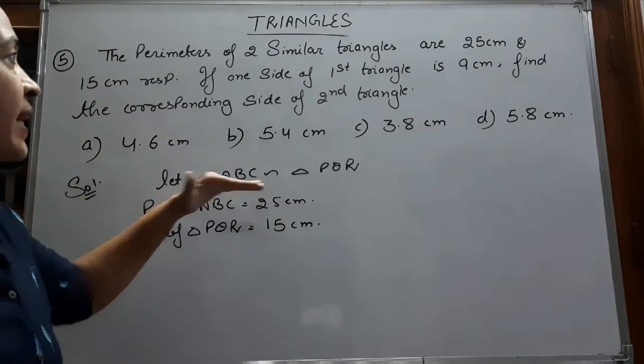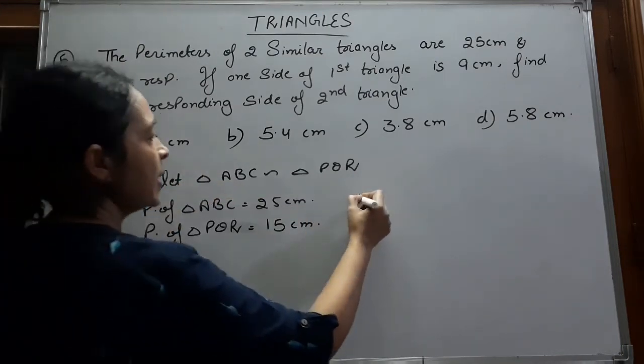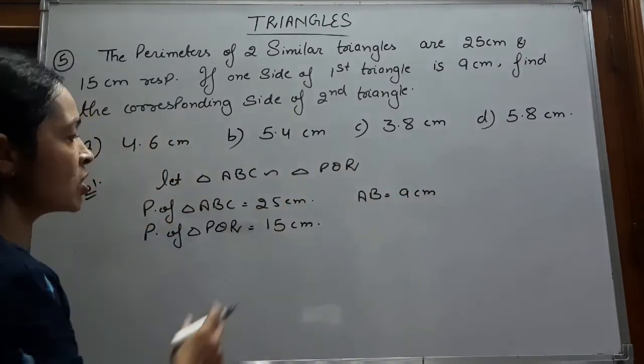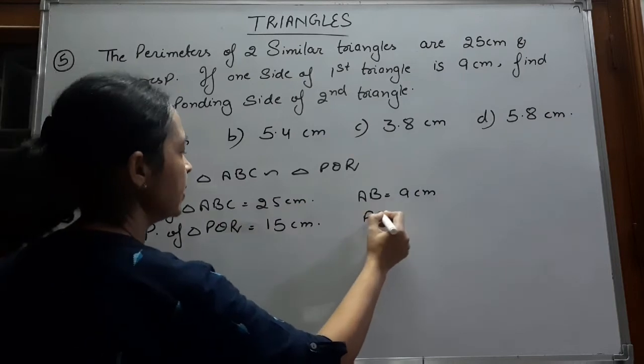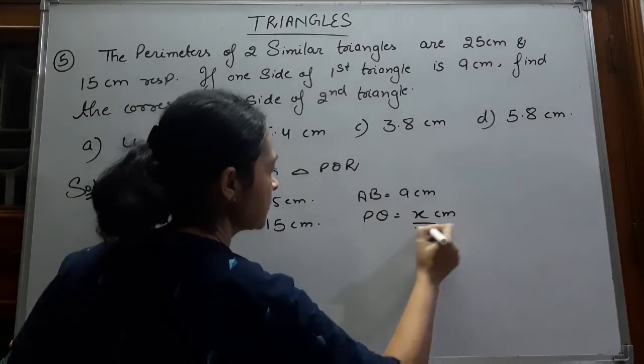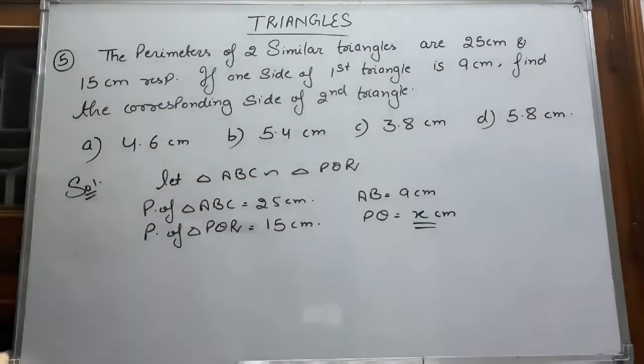Now, one side of the first triangle, say AB, is 9 centimeters. We have to find the corresponding side PQ, say x centimeters. We have to find the value of x.